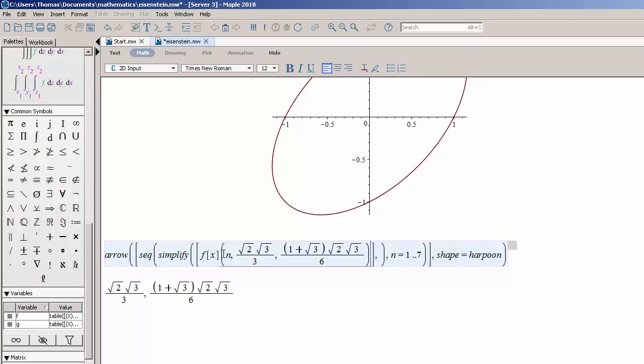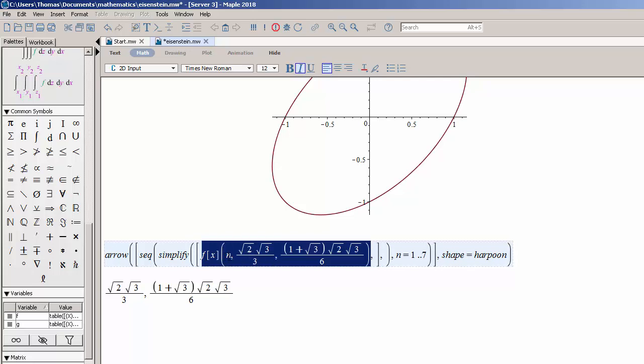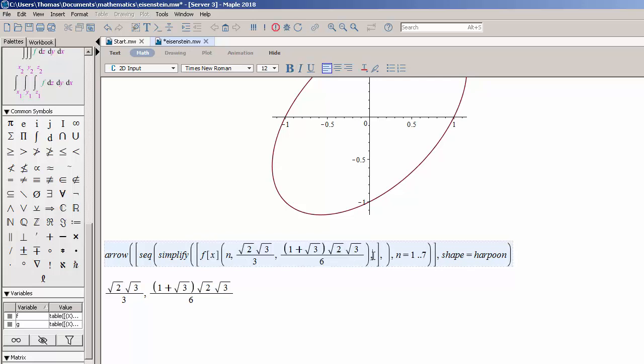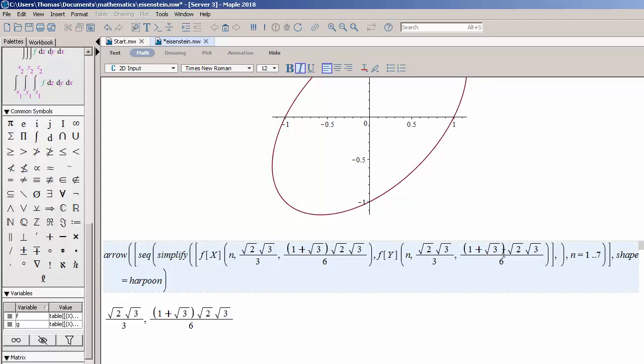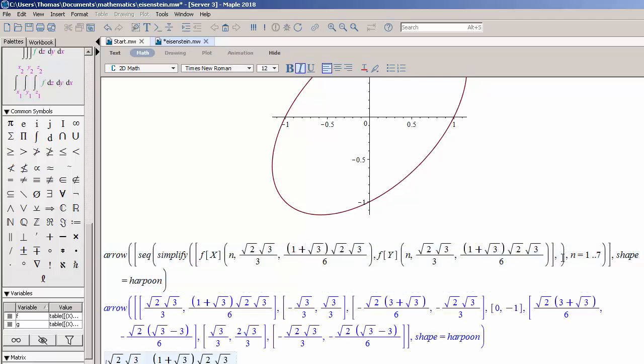Okay, these need to be capitals, uppercase. We'll see what happens. Nope. How about with blots?